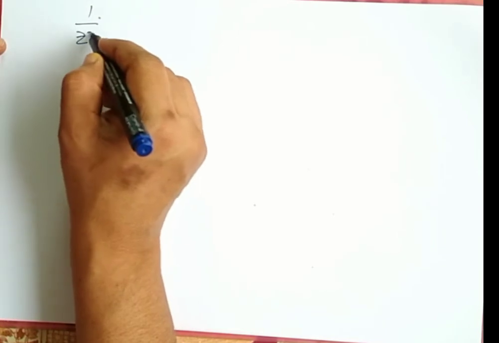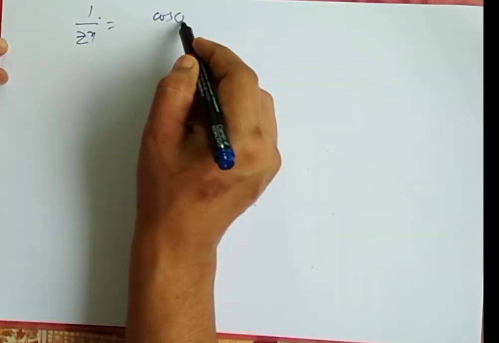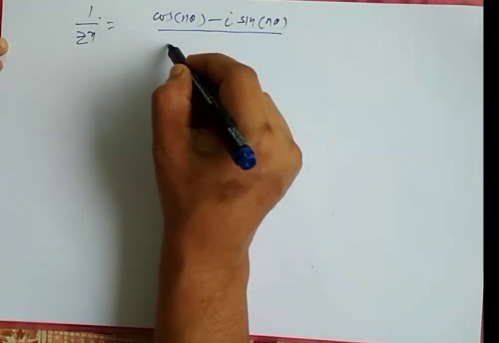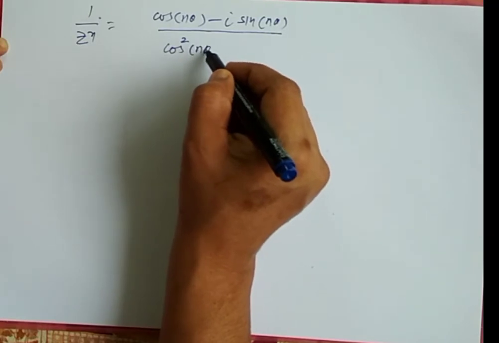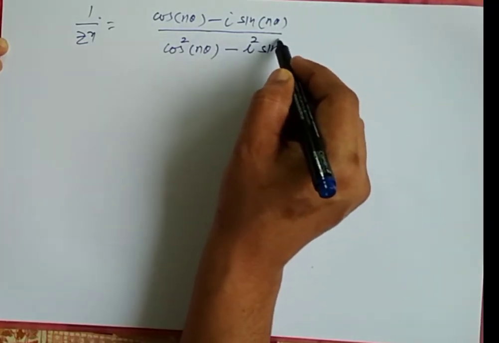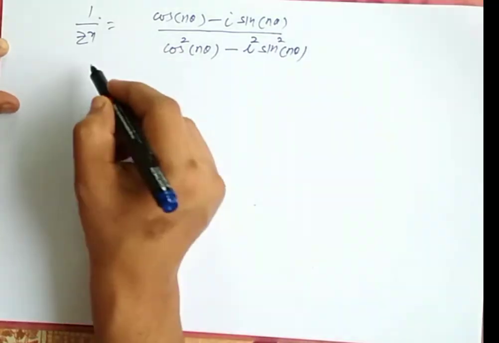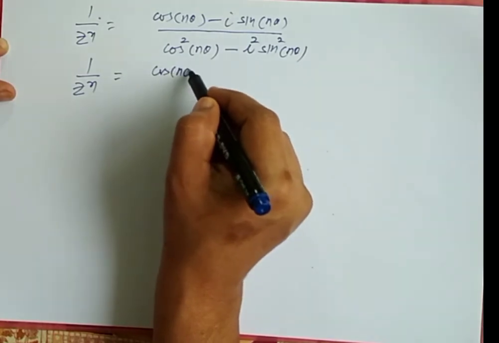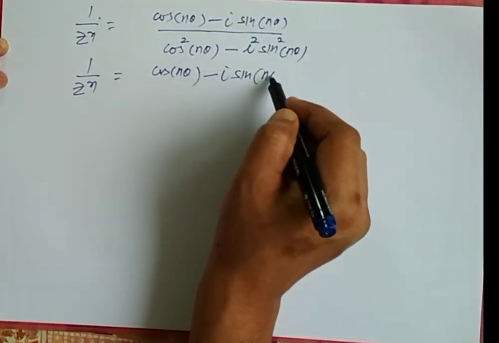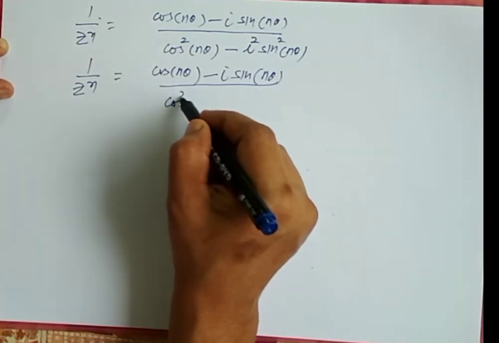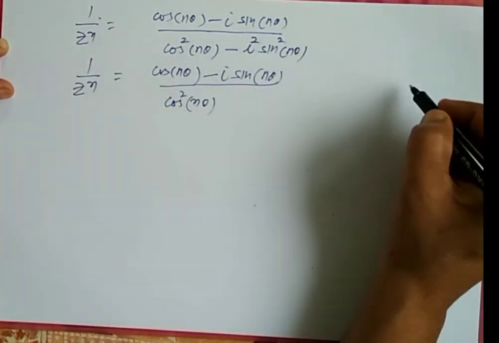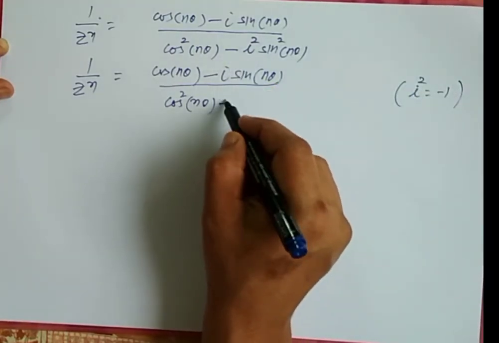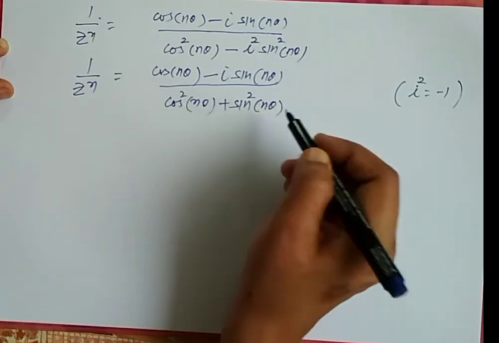So we can write it as 1 upon z raised to power n equals cos of n theta minus i sin of n theta upon cos square n theta minus i square sin square n theta. So 1 upon z raised to power n equals cos of n theta minus i sin of n theta upon cos square n theta, and this i square equals minus 1, minus is already there, so plus sin square n theta.